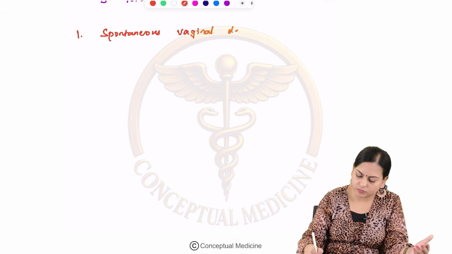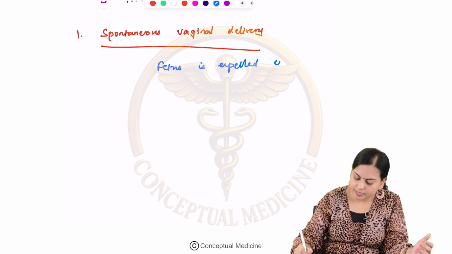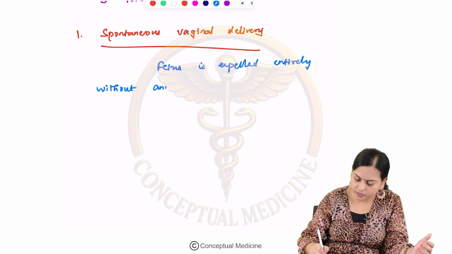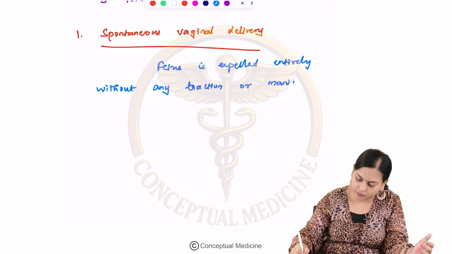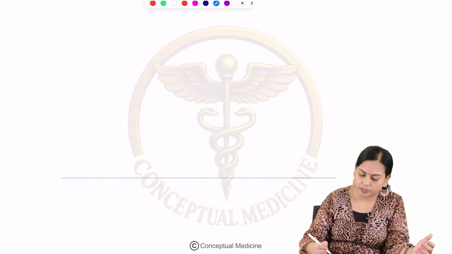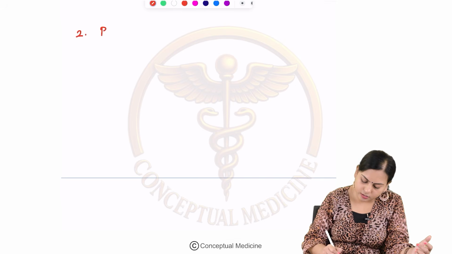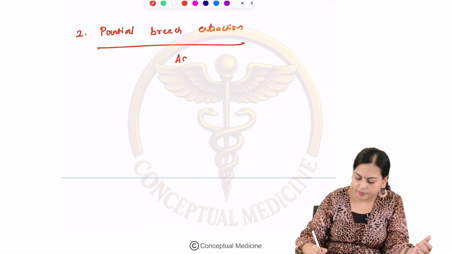So, what is spontaneous vaginal delivery? So, the term is self-explanatory anyhow. So, the fetus is expelled entirely, okay, without any traction or manipulation. Then we have to talk about the partial breech extraction. Partial breech extraction is nothing but assisted breech delivery. Okay.